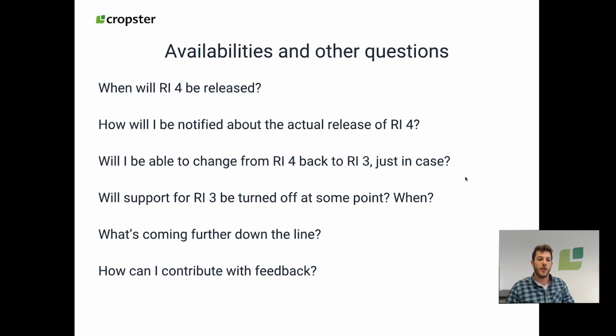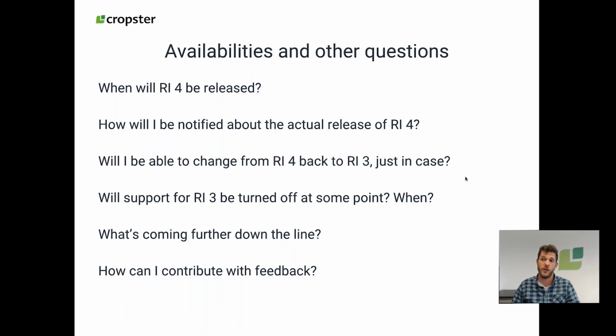Will support for RI3 be turned off at some point, and when? The plan is yes. Of course, we're confident that RI4 is definitely a better version of the RI3. So alongside this gradual rollout, at some point, we will want to make sure that everybody migrated to Roasting Intelligence 4 and is happy with using it.